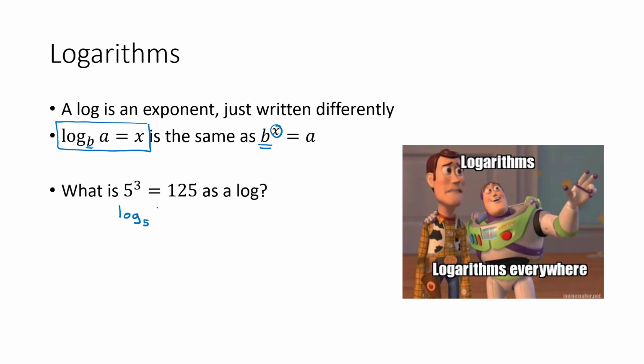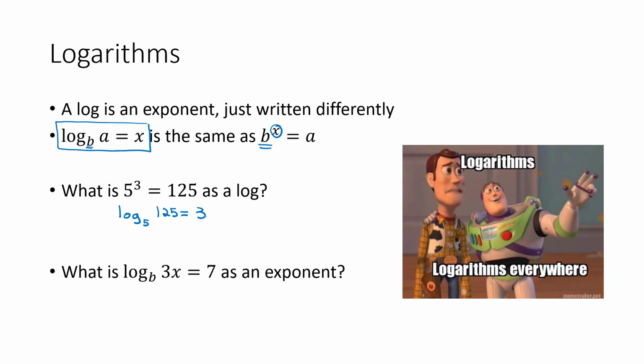Log base 5 of the answer 125 is going to equal the exponent, because a logarithm is an exponent. The logarithm always equals the exponent. So log base 5 of 125 equals 3. 5 to the third equals 125. They're really the same exact expression, just written in two different formats.